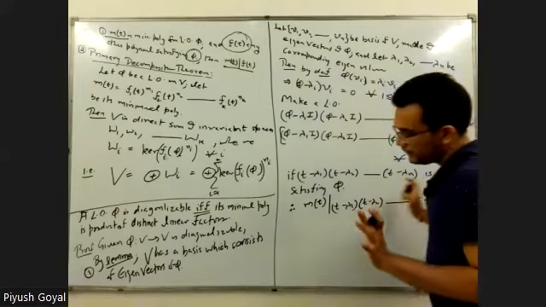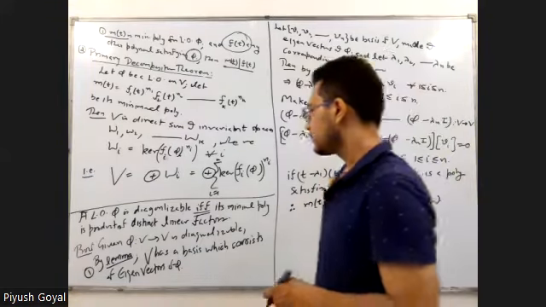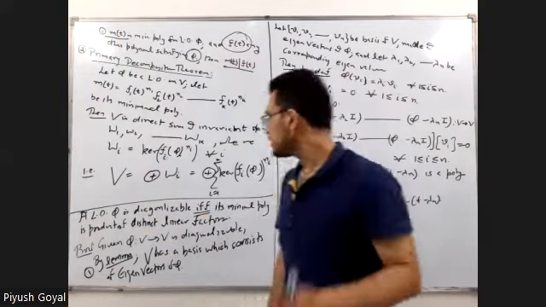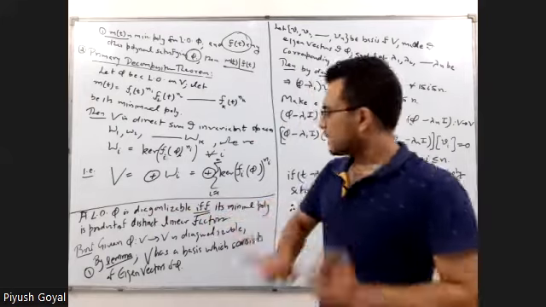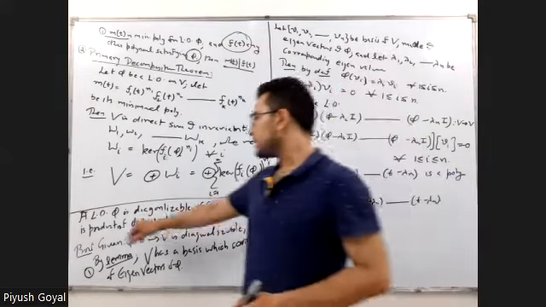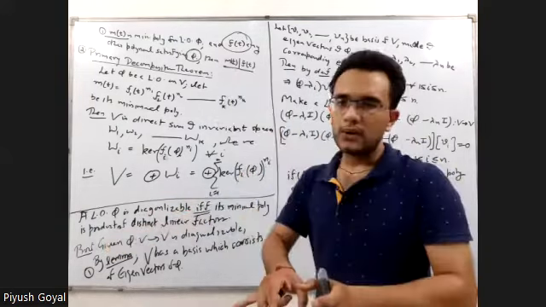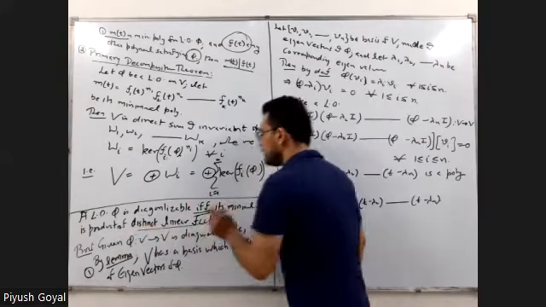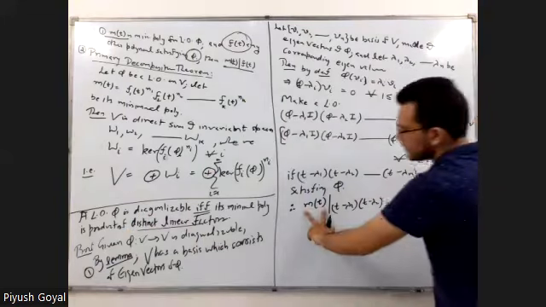Now we have taken that phi is diagonalizable, and we want to prove that the minimal polynomial is a product of distinct linear factors.